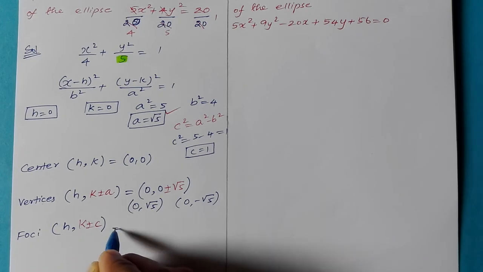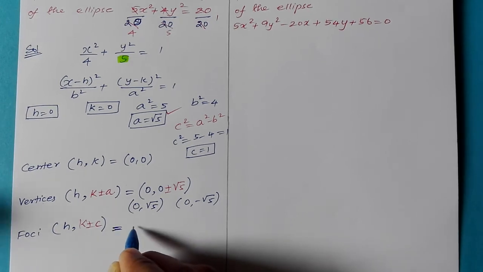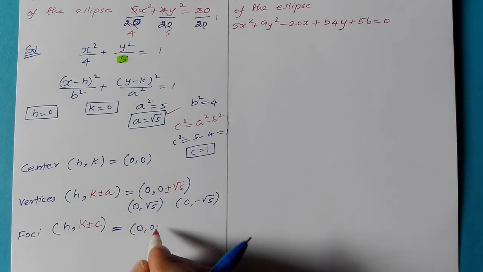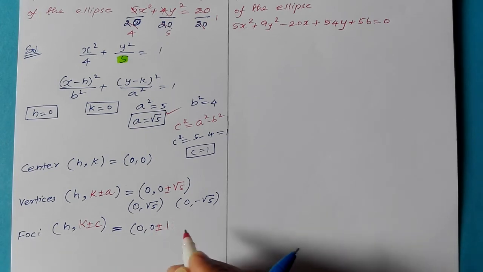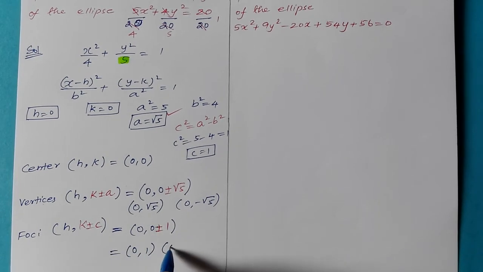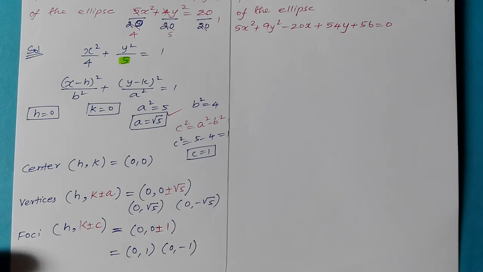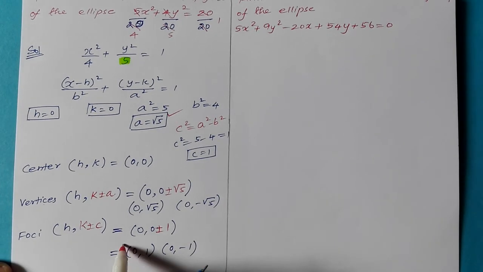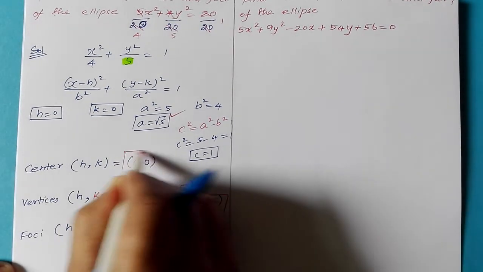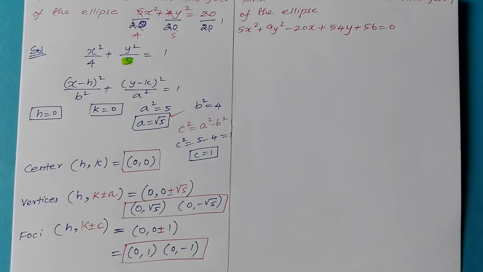And the foci will have 0 comma 0 plus or minus c value, which is 1. So I can write it as 0 comma 1 and 0 comma minus 1. So this is the foci, this is vertices, this is center.